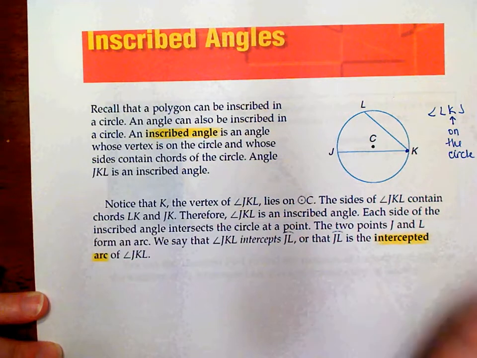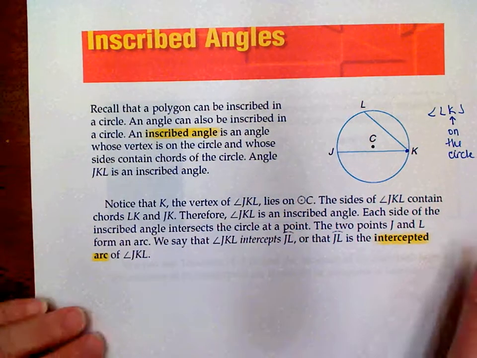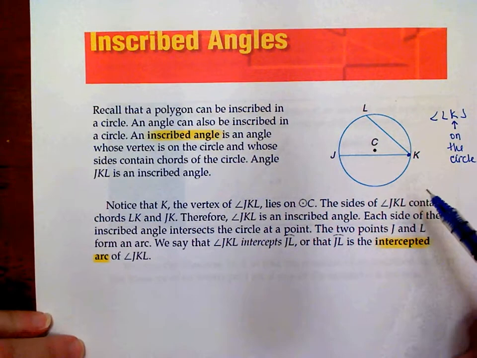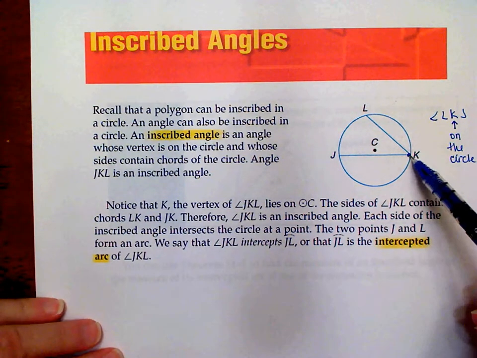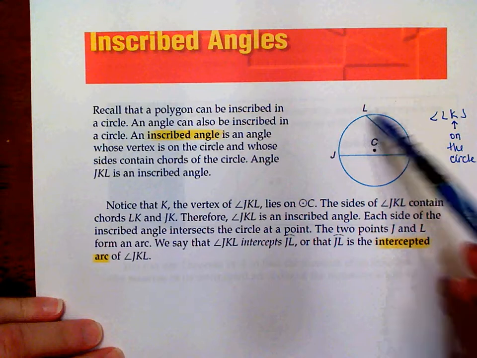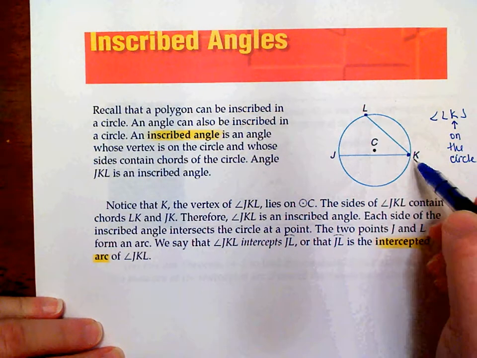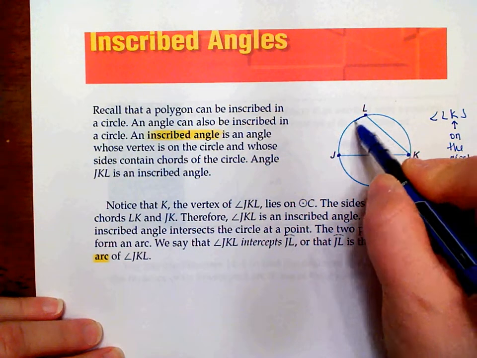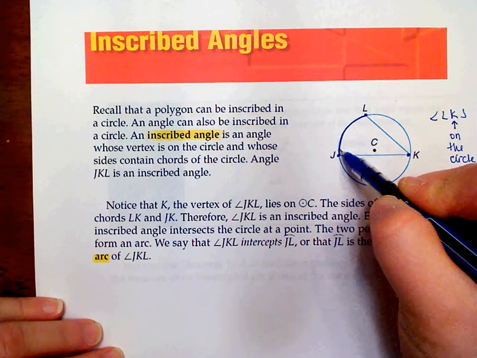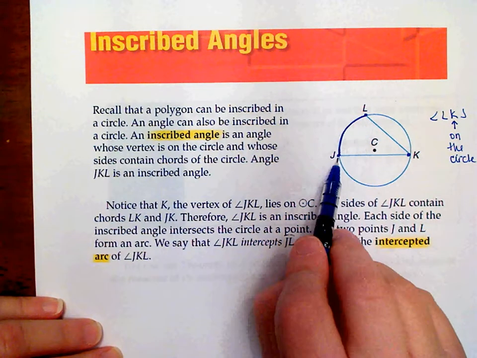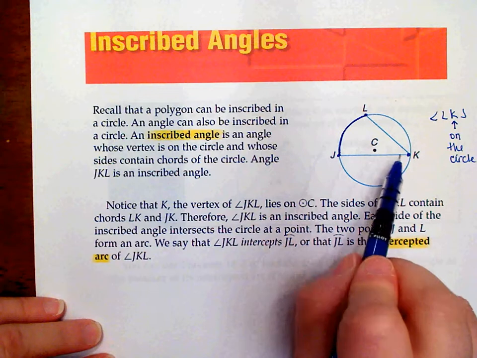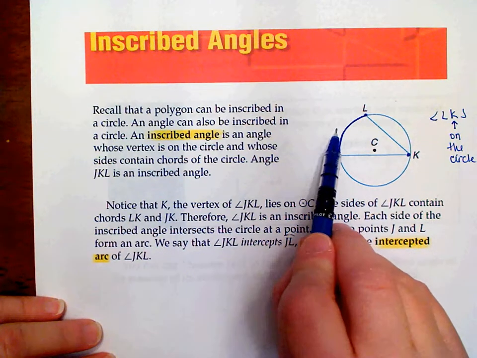It has a relationship also to the arc that it forms. If you follow the sides of the angle, you go to point L here and point J here. So the arc that it intercepts is this arc right here, arc LJ. There's a relationship between the angle and the arc, but they're not equal like it is with the central angle.